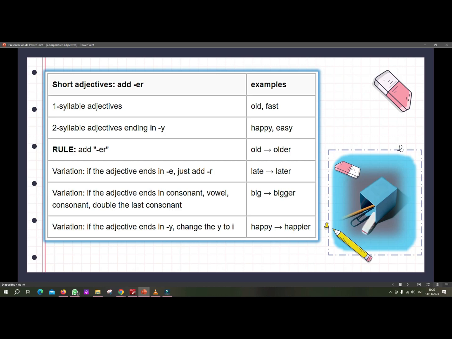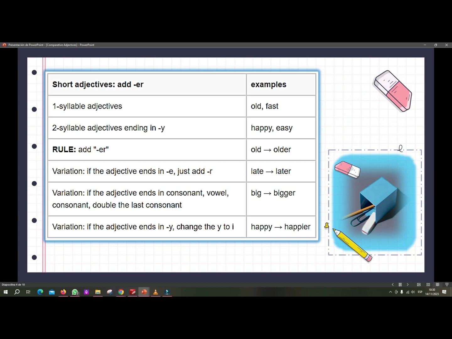Variation, if the adjective ends in consonant, vowel, consonant, double the last consonant. Big, bigger. In this case, look at this one. B, that is a consonant. I, that is a vowel. G, that is a consonant.